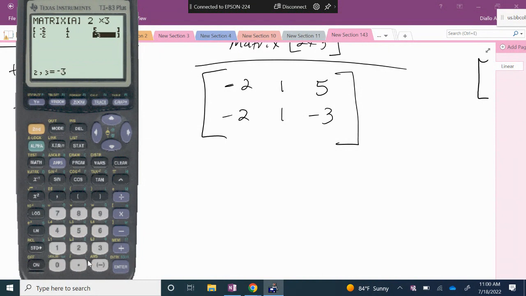All right. So I have the matrix in the calculator. Now I'm going to go back to the home screen.